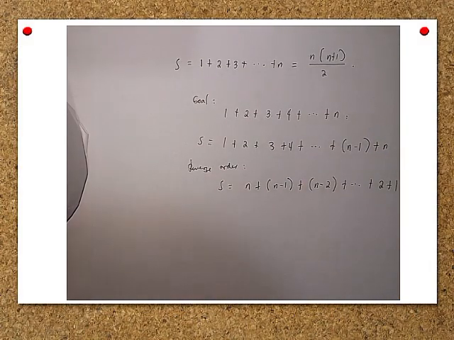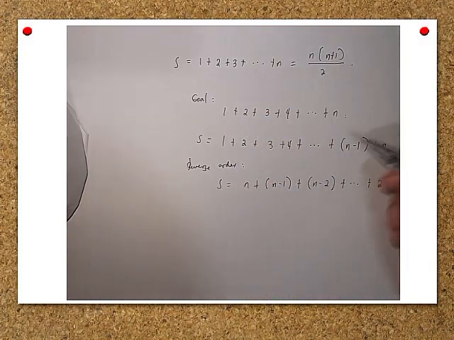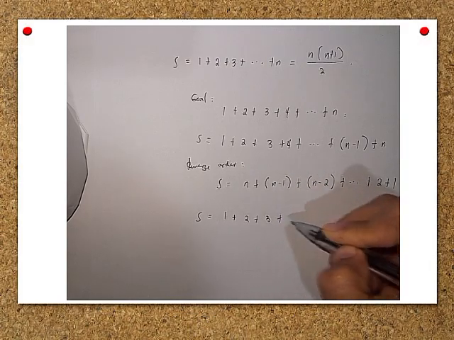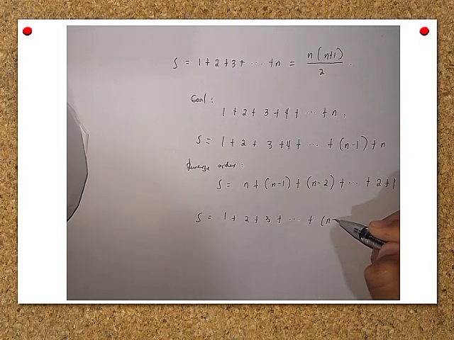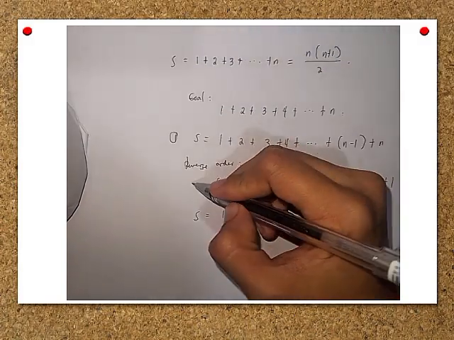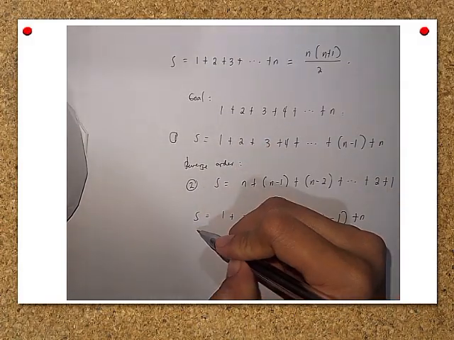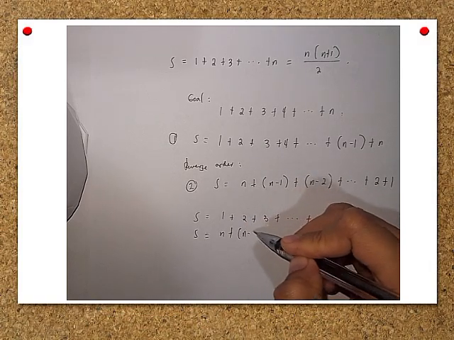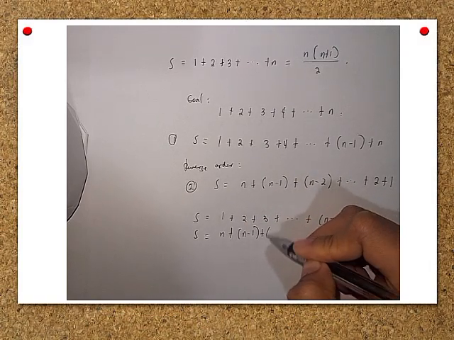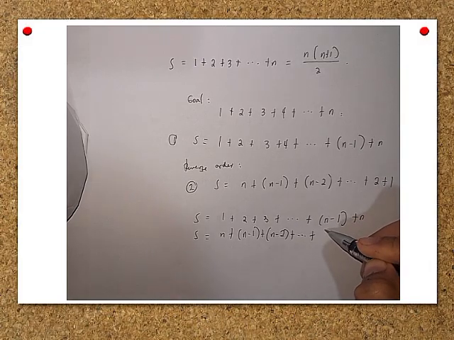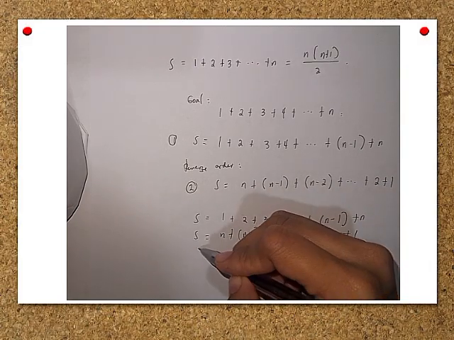Now add both versions of the sum term by term. S is equal to 1 plus 2 plus 3 plus ellipsis plus n minus 1 plus n. This is the first one. And we add the reverse order: n plus n minus 1 plus n minus 2 plus ellipsis plus 2 plus 1.